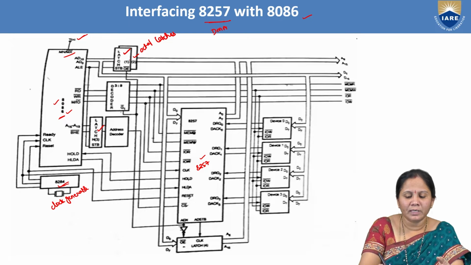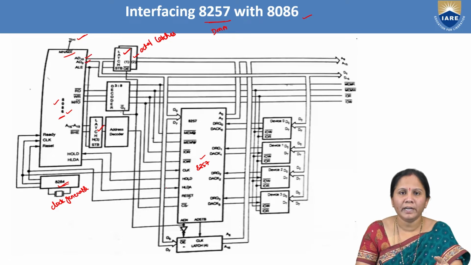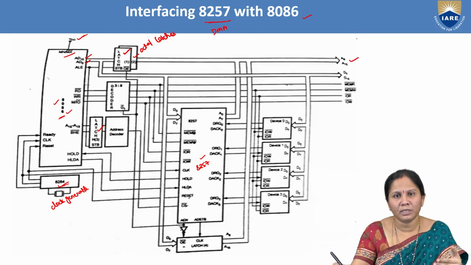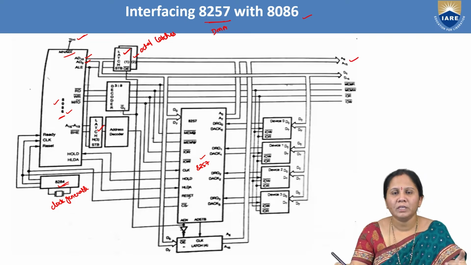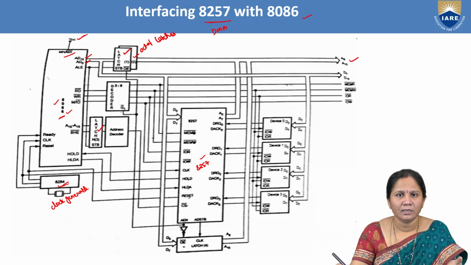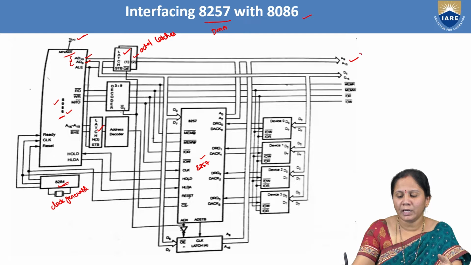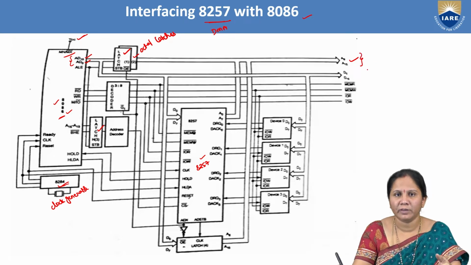And if you see here, latch 1 and latch 2 will be handling the address lines from AD0 to AD15. Out of these 2 latches, the latch is used for demultiplexing the address and data lines, and the output of the latch will be only address lines. So out of this multiplexed address data lines, the output of the latch is A0 to A15, that is only address lines which are of 16 bit.